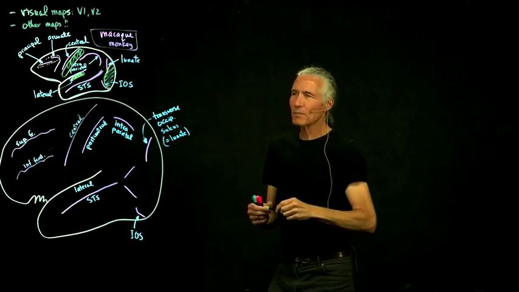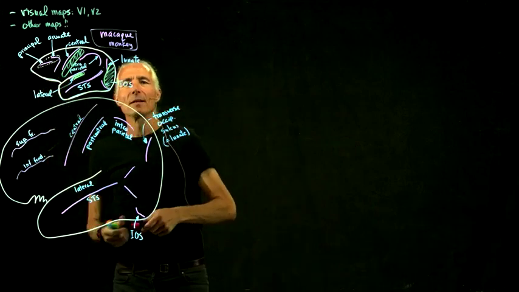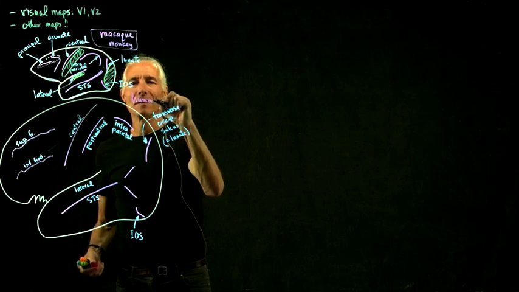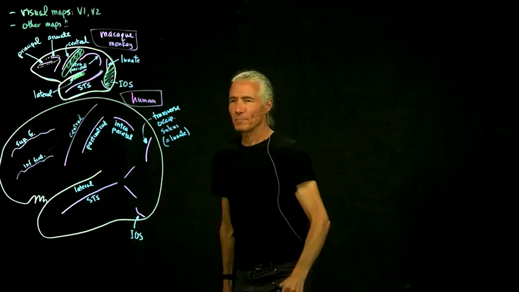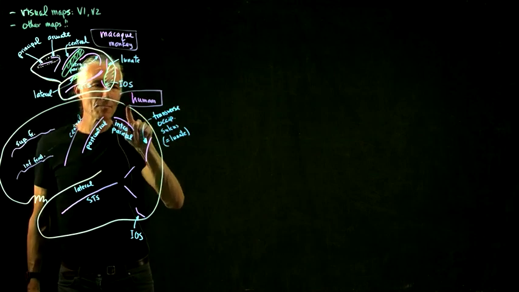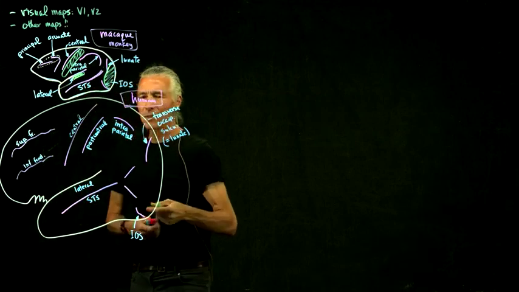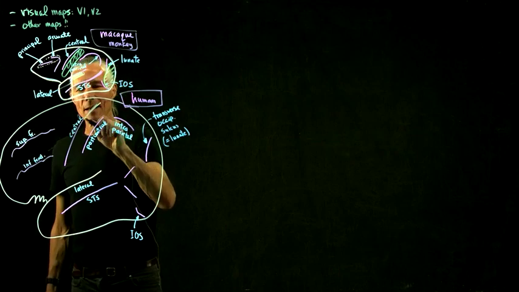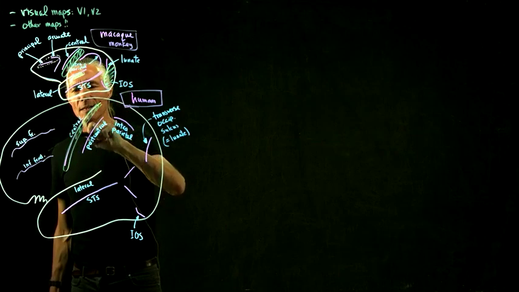So when we compare a macaque monkey to a human primate, we're going to expect to get more space in between. But what's that going to do to the general location of areas? Well, here's our primary somatosensory cortex in a human.